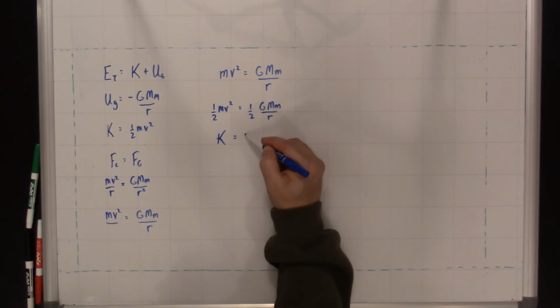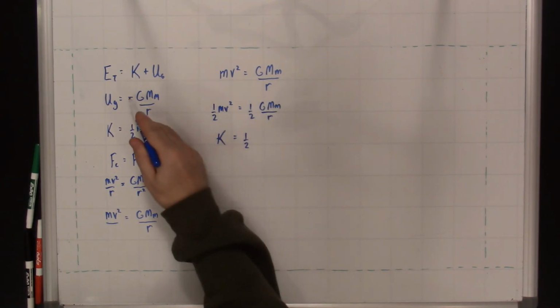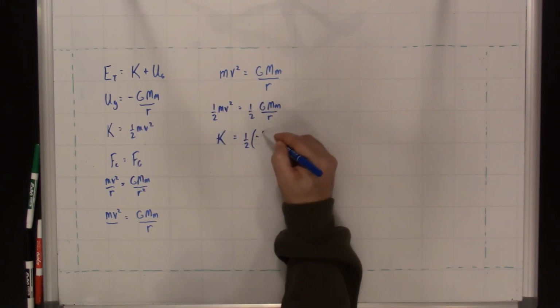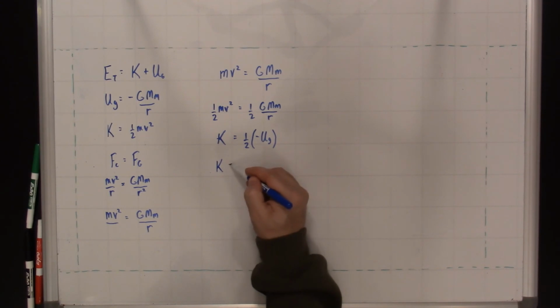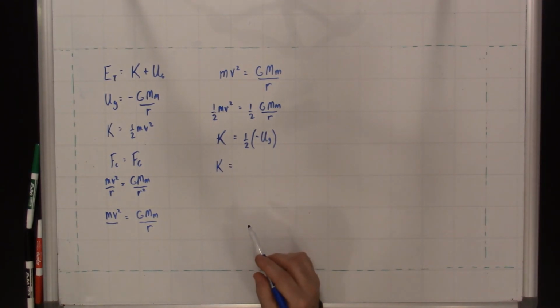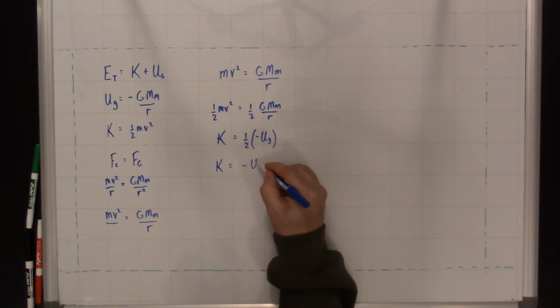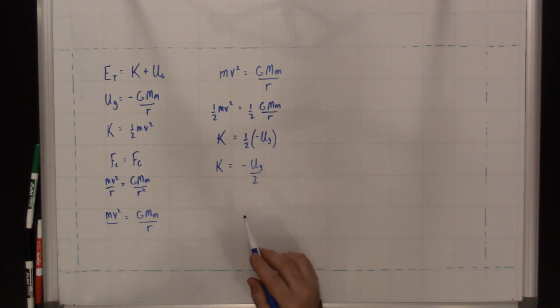This right side is 1/2 of, basically, the opposite, the negative of the gravitational potential energy. So it's 1/2 of negative U. So we're saying that the kinetic energy of an orbiting body is equal to negative 1/2 of the gravitational potential energy. That's a weird idea.